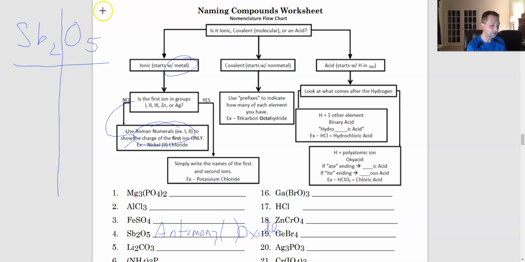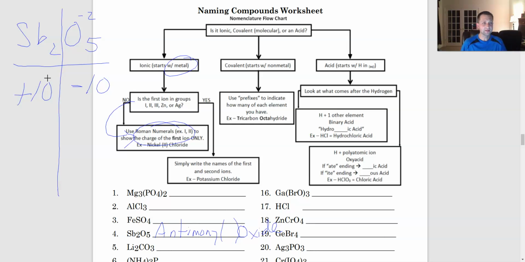Oxide is always, because it's in group 16 on the periodic table, that's our -2 group. Okay, so oxide's -2. Well, there's 5 of them, right? So what's the overall negative charge going to be from the oxides? You have 5 -2 ions. That gives us -10. Okay, so you know that antimony has to balance that out and be a +10, okay?